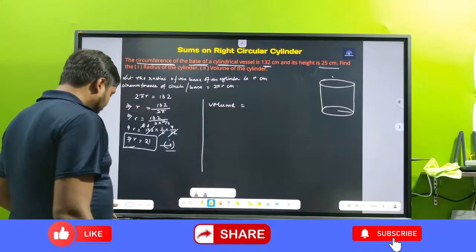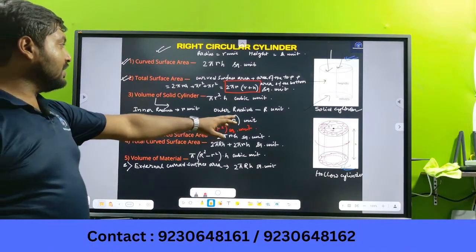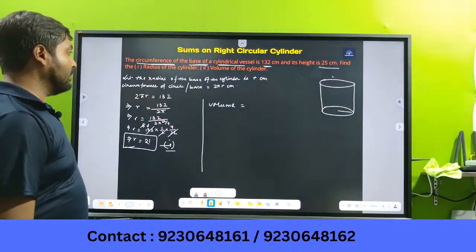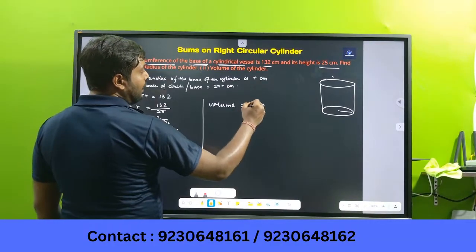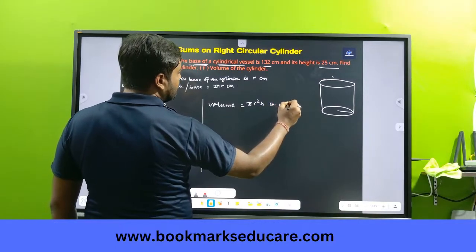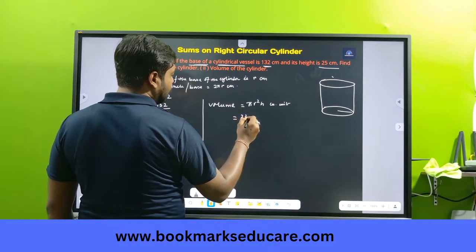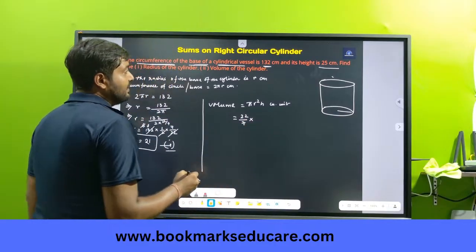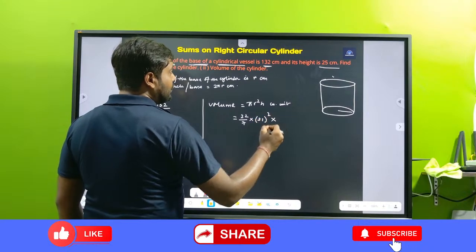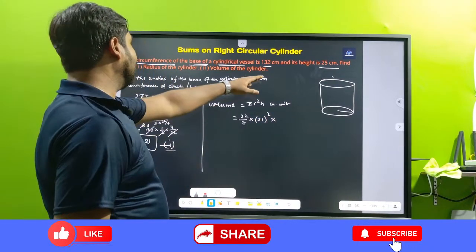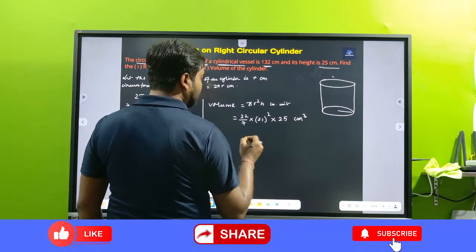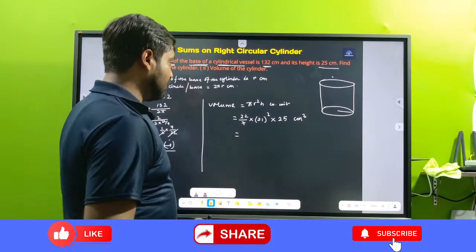Previously we have seen that the formula for the volume of a solid cylinder is pi r square h cubic unit. So here we will apply the formula, pi r square h cubic unit. Here pi is 22 by 7 and the radius is 21, that is 21 square, into h, where height is 25, and the unit will be cubic unit.